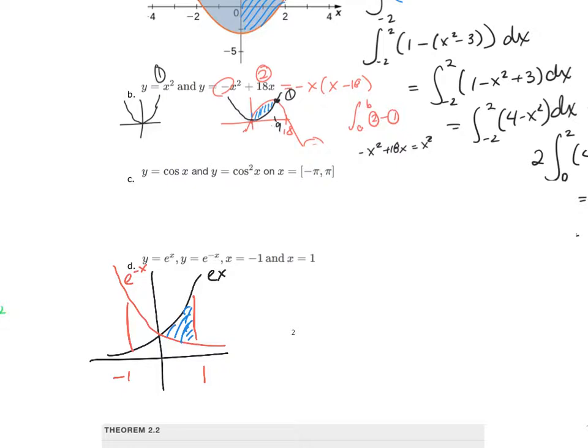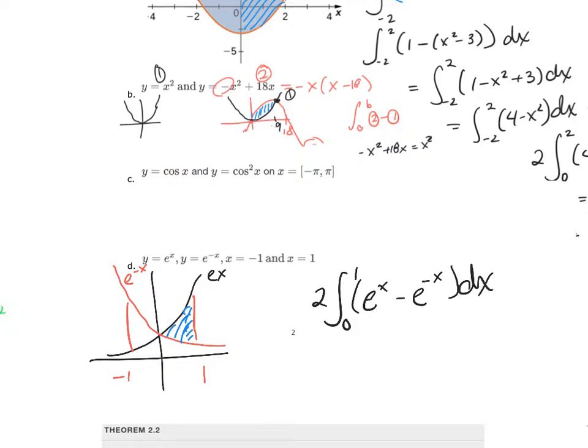So because they're the same shape, I can just integrate from 0 to 1 and choose a side, or from -1 to 0 if I'm inclined. I'm going to go from 0 to 1, so I'm going to integrate this from 0 to 1, and the one that is on the top is e to the x. That is the function that's above the other one, so minus e to the negative x dx. Then I need to multiply that by 2.